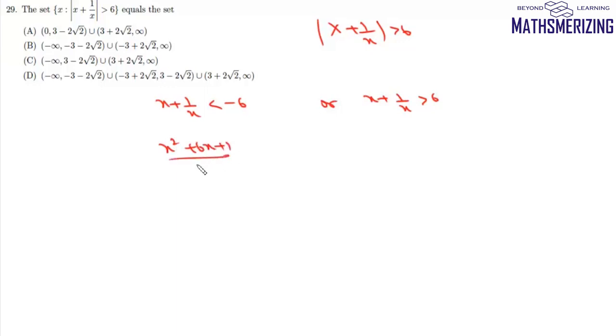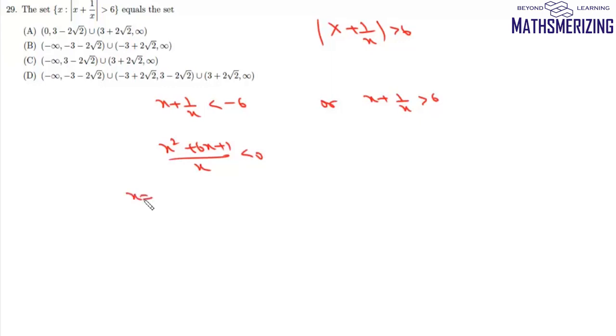Now question number 29 is, mod of x plus 1 upon x greater than 6, it equals which of the following set? Now we know that mod of x plus 1 upon x is greater than 6. It is equivalent to x plus 1 upon x being less than or equal to minus 6 or x plus 1 upon x being greater than 6. So we can write this as x square plus 6x plus 1 upon x, and it is less than 0.